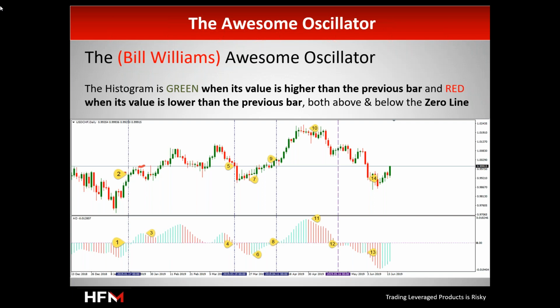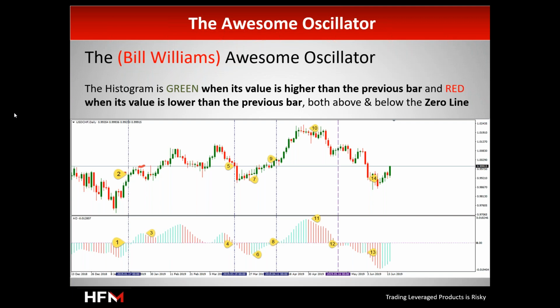Okay, no. So just to clarify at this point before we analyze, as I said, it's based on the 5 and 35 period simple moving averages. The formula behind it is based on these two moving averages.